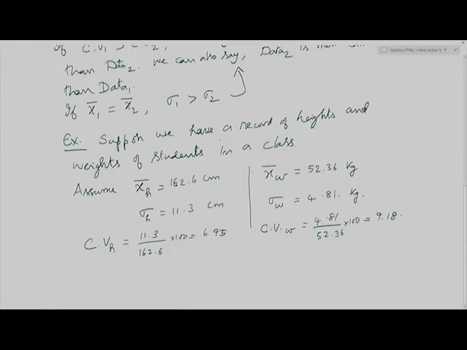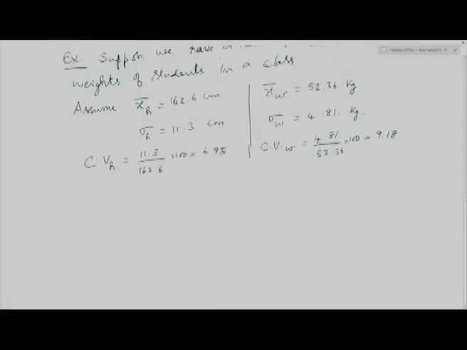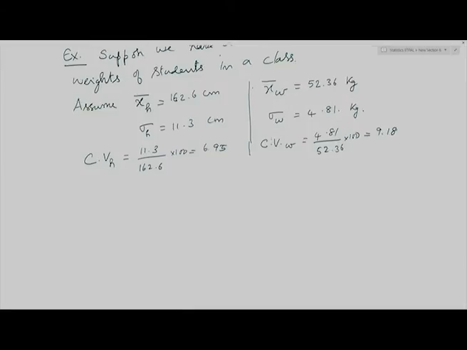So obviously CVW is bigger than CVH, and hence the conclusion is that the weights show more variability. That is the conclusion we can make out of this given data.